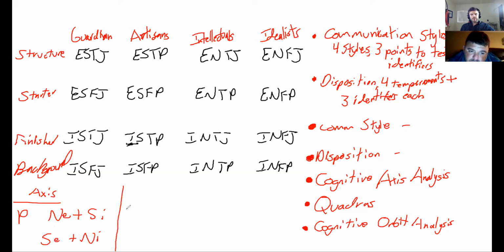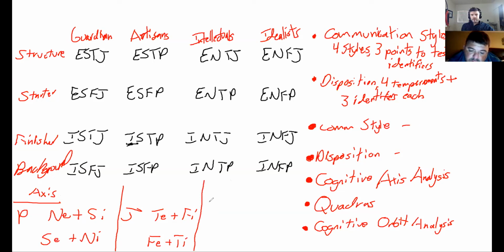And then we have judging, which is TE plus FI. And then I'll actually do FE plus TI, okay? So axis analysis. And let's look at it this way, in terms of quadras, okay?